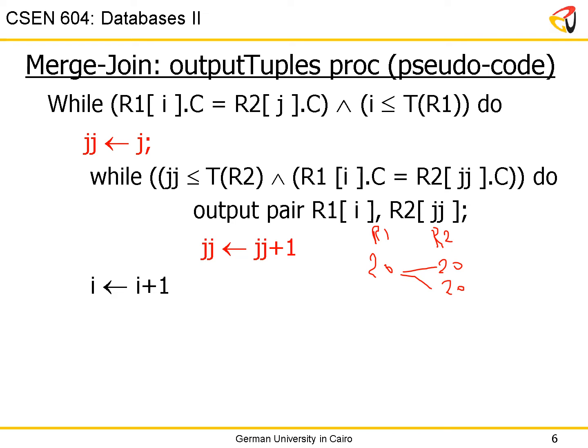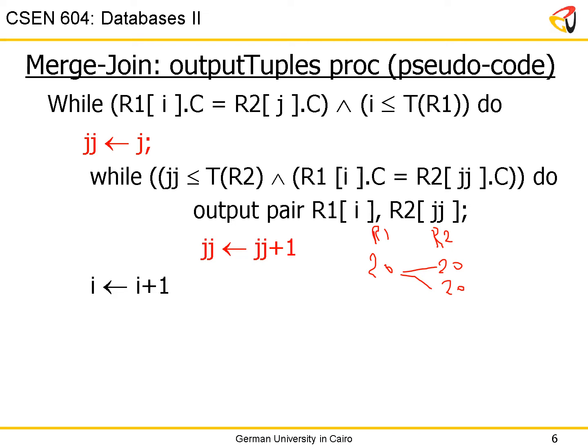This is the scenario we were looking at earlier, where we had the 20. Let me just draw it here for you. So we had the 20 in R1, and we had also two 20s in R2.